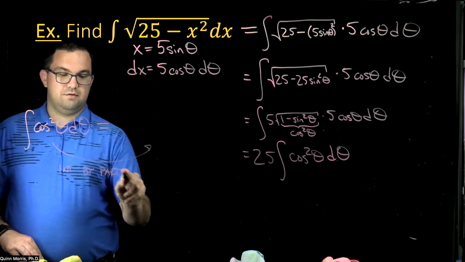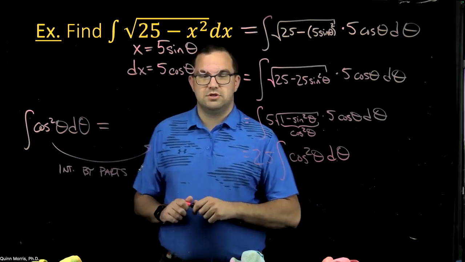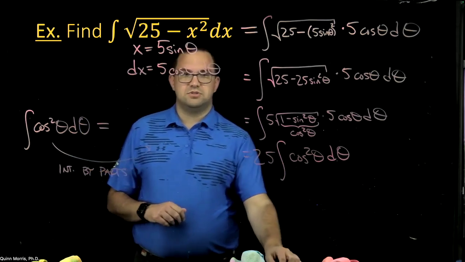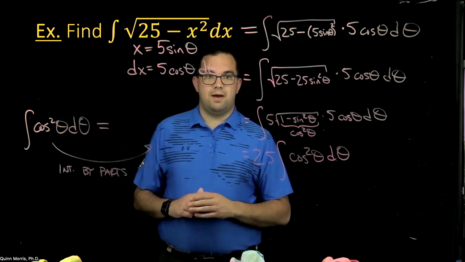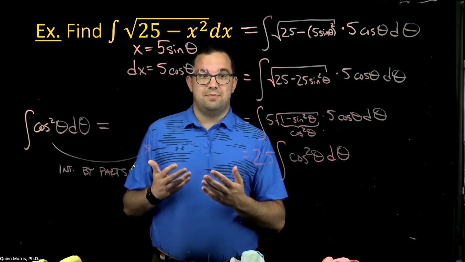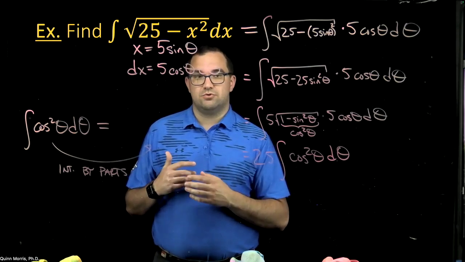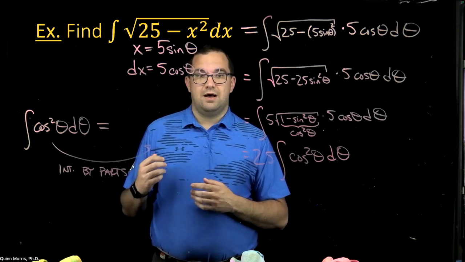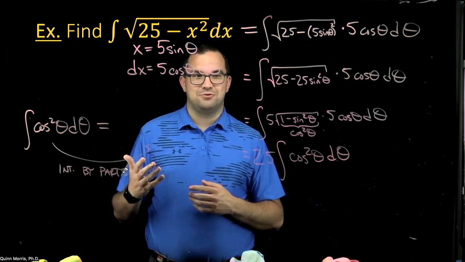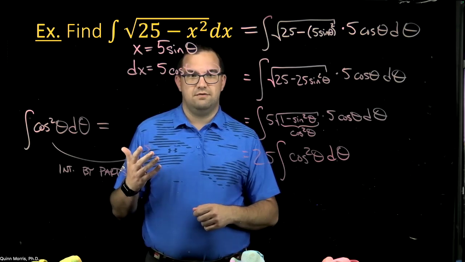Just like previously we did the integral of sine squared theta by parts, you can do the integral of cosine squared theta d theta by parts. Now, the emphasis on this video isn't integration by parts. So we're going to make this integral just sort of magically appear by putting up the actual value of the integral so we can see how this simplifies for the rest of the problem.